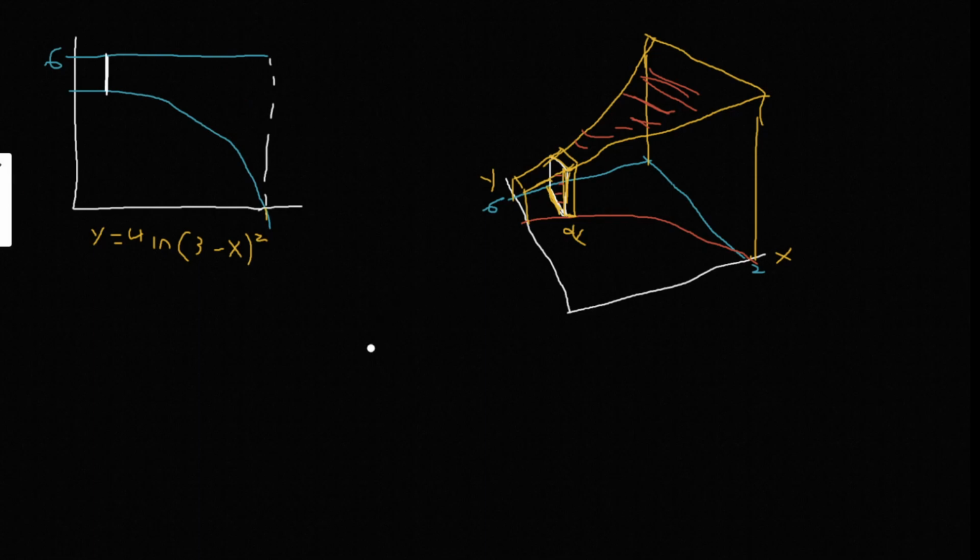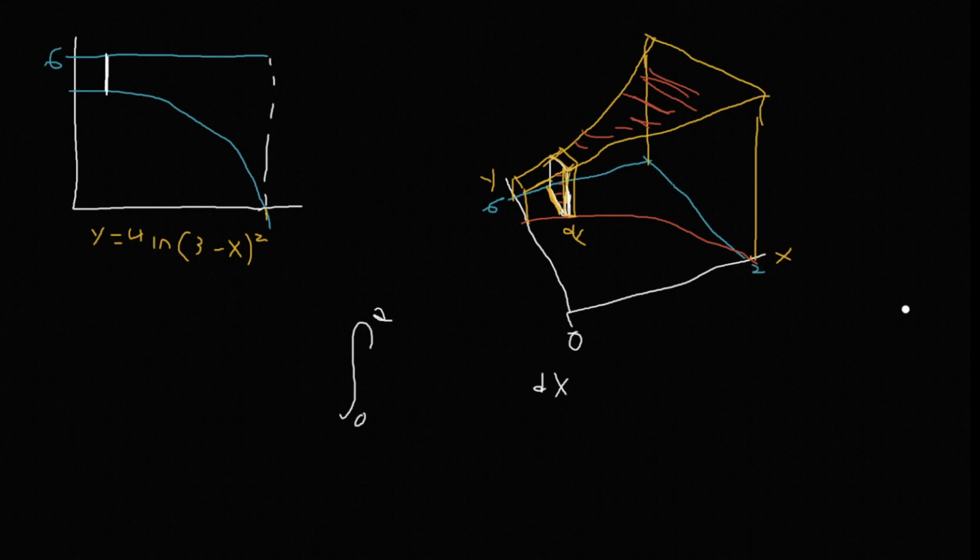So let's integrate and go from our bounds of integration. This is x is equal to 0 here to x is equal to 2. And then we want to sum up these tiny, instead of areas, we're going to do these tiny volumes.